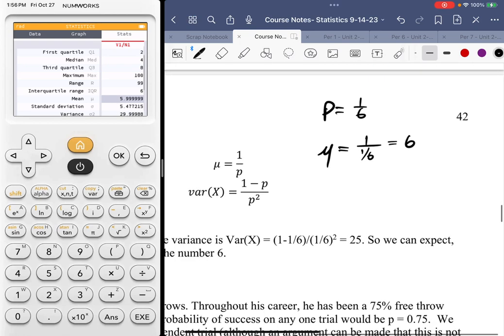I mean, I'll bore you in the sense that I'll actually do it, but I won't make you do it, I guess. Variance, abbreviate that with S squared if you want. I'm sorry, sigma squared, because it's population. So 1 minus 1 over 6 over 1 over 6 raised to the second power.